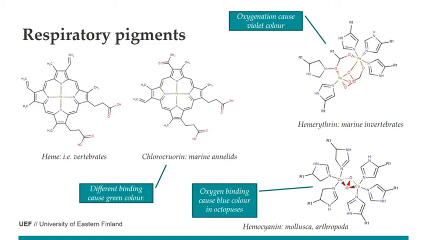And if we have more variability in the protein structure, then we can have variability in how easily the oxygen is binding there, or how easily the oxygen is released from these molecules.